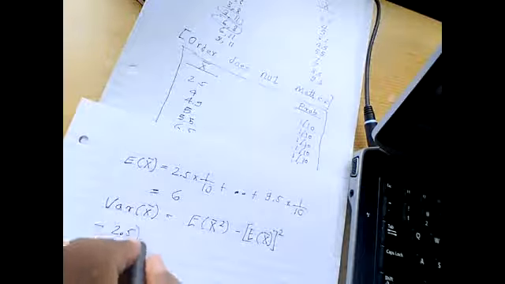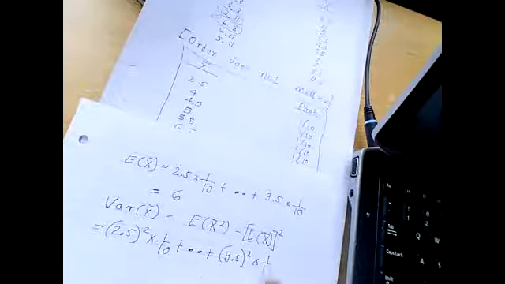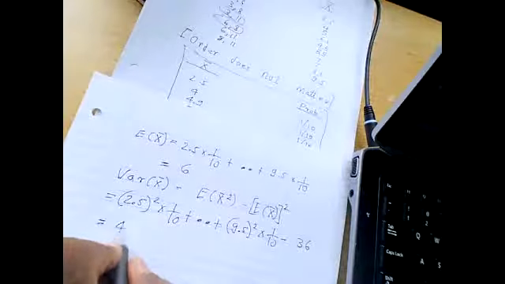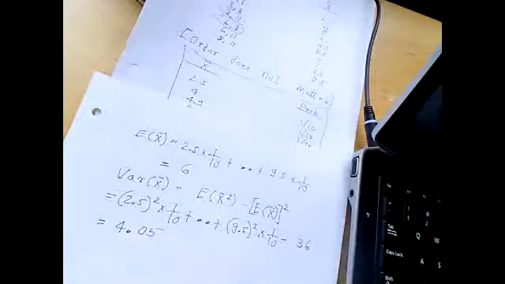So it's going to be this, and take away 36. Now, if you do the math for this, you will get 4.05.